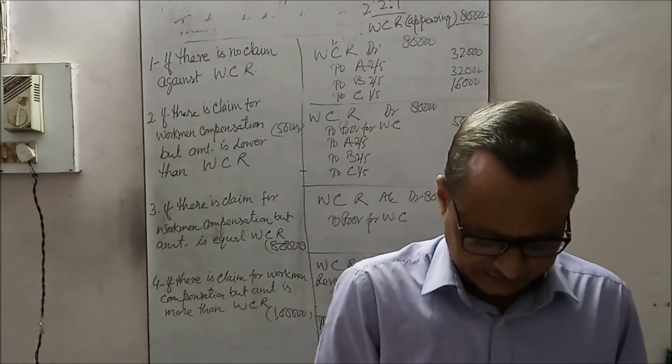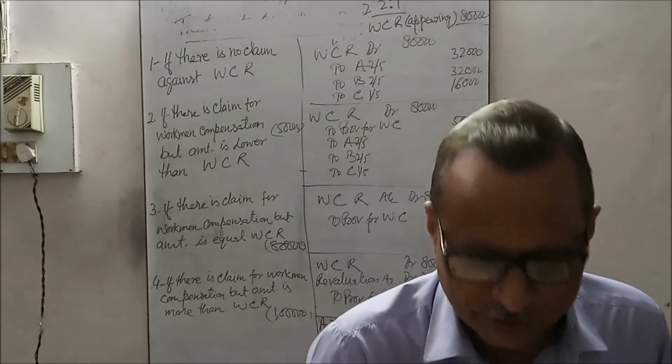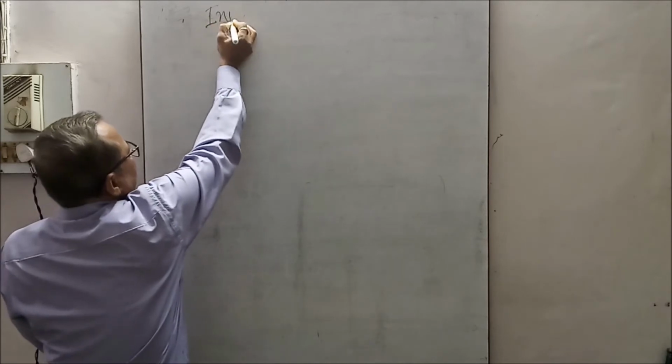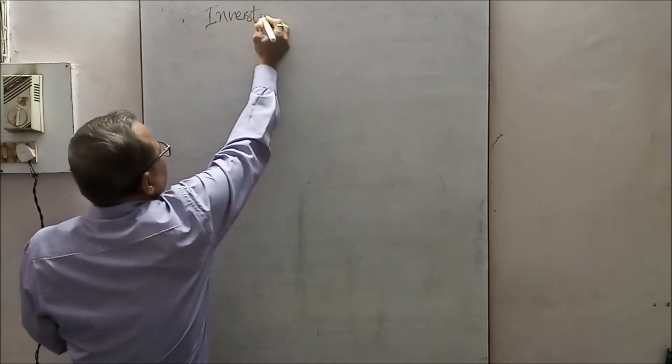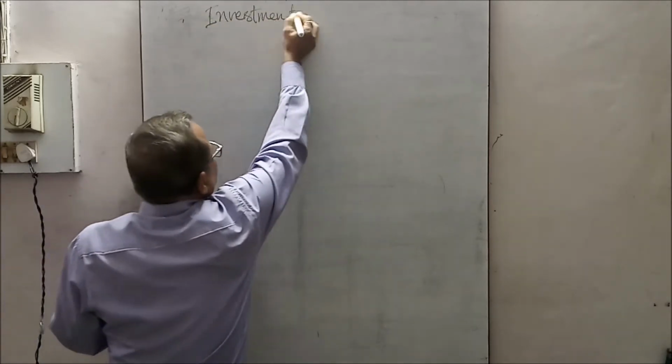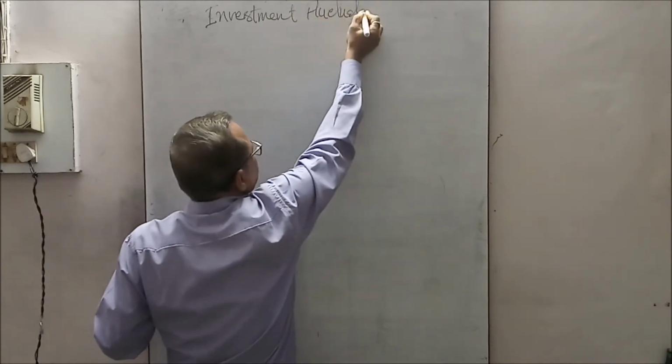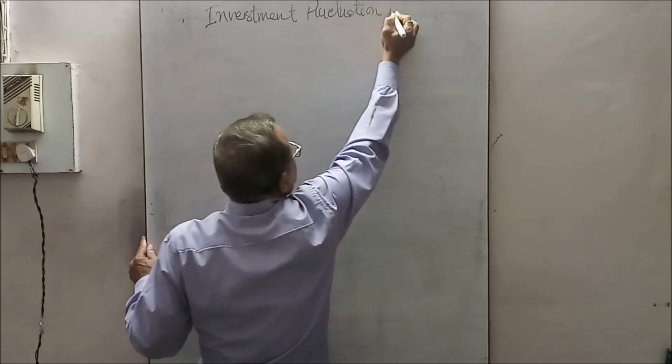Now next is the investment fluctuation reserve. Next point is investment fluctuation reserve.